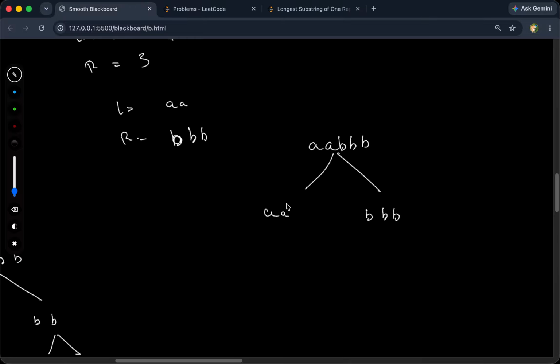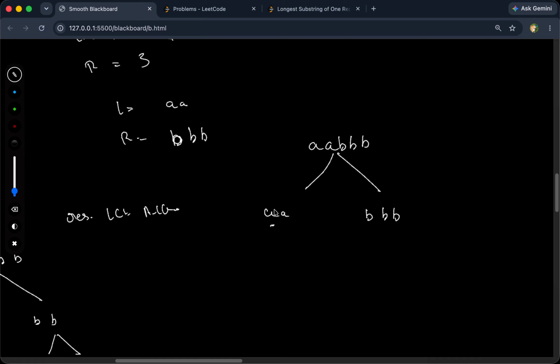Left is the first A. So the parent's left character is equal to the left child's left character. See, the first character of the parent comes from the left child, and the right character of the parent, the last character B, comes from the right child.